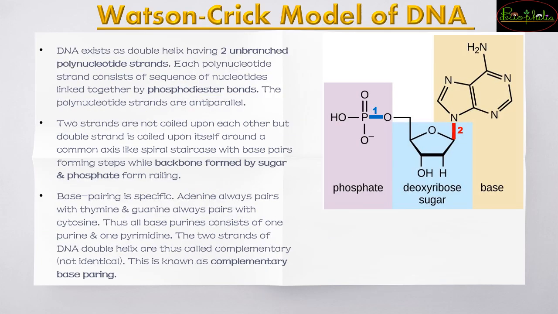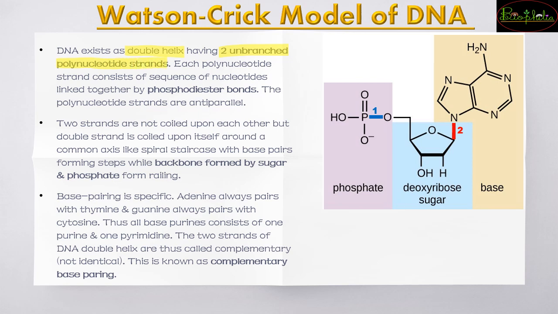Next, we see about how Watson and Crick, these were the two scientists who understood how these nucleotides are arranged into the genetic material, that is DNA. तो जो structure उन्होंने describe किया था, it was that the DNA is present as a double helix. यानी उसके पास दो unbranched polynucleotide strands हैं.